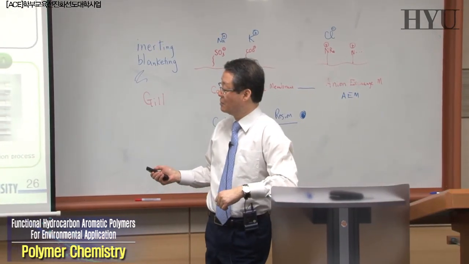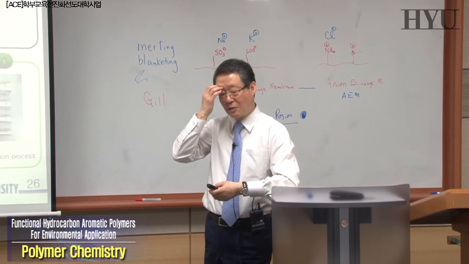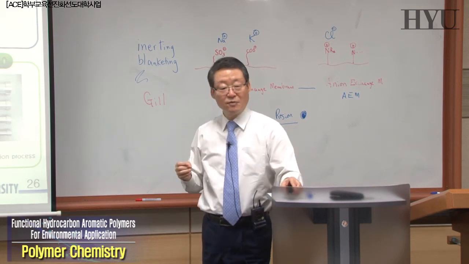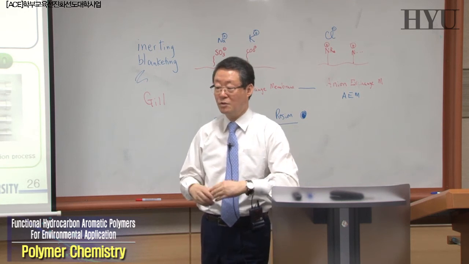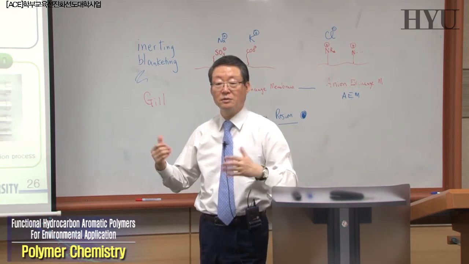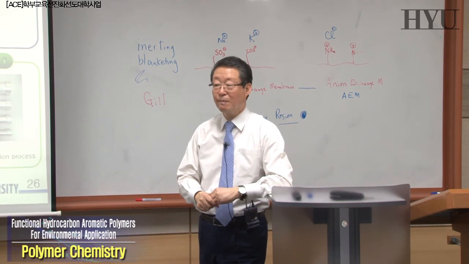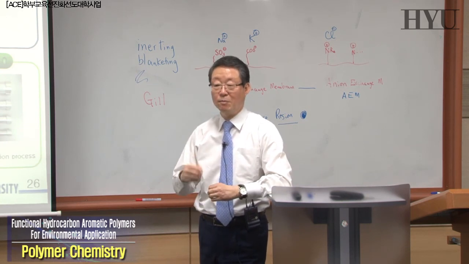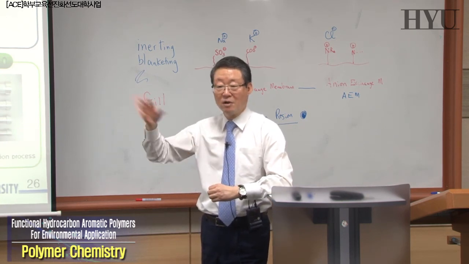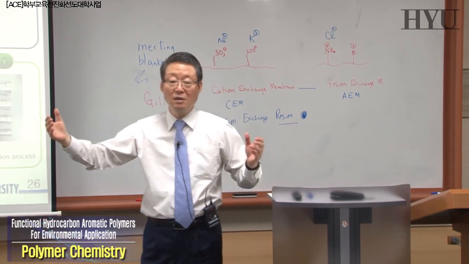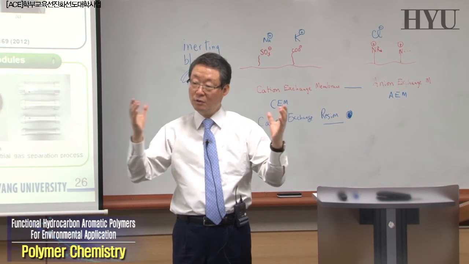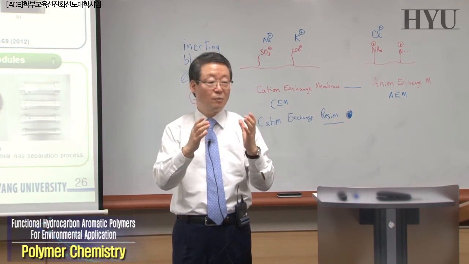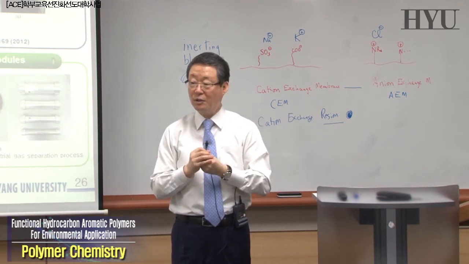So the company that we are working with is very eager to produce this type of modules because this is very effective, effective in terms of the permeance or flux. So if you have a high flux, then you do not need to have a big module, but you can have a small module for the same efficiency.